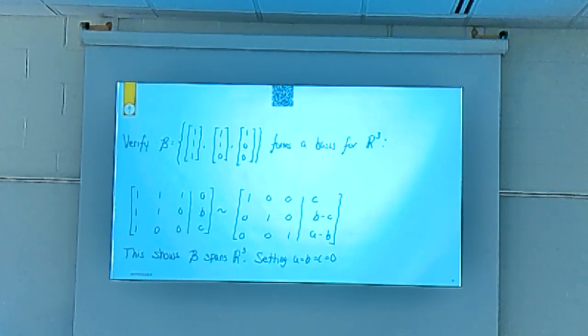No. So it would show C1 is 0, C2 is 0 minus 0, C3 is 0 minus 0. So it's linearly independent as well. So it is indeed a basis. Good.